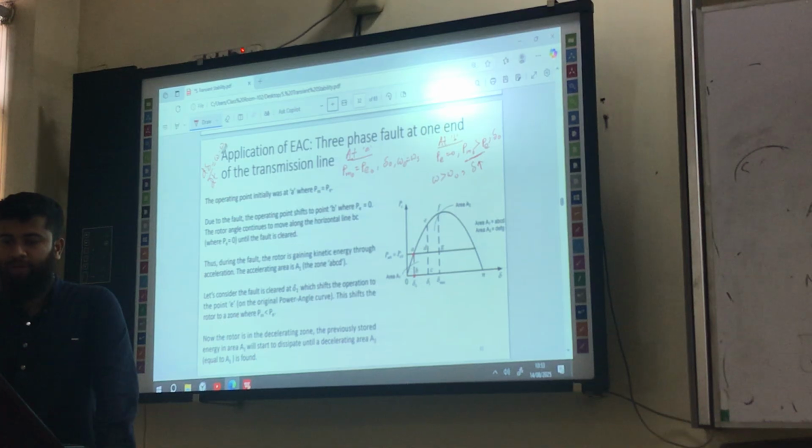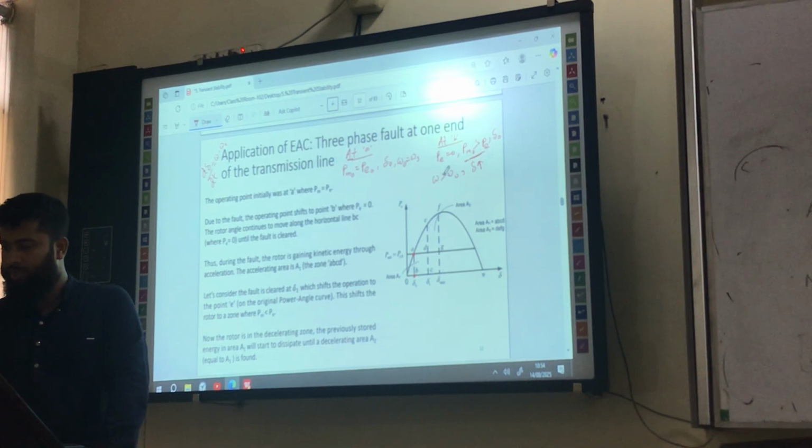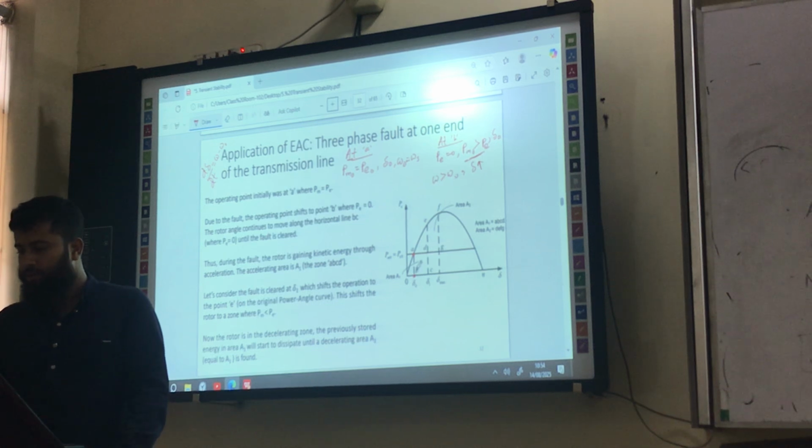So if this difference is positive, delta will increase over time, and if this difference is negative, delta will decrease. That is the concept, right? Now omega, the rotor speed, is increasing from the omega naught value, which means our delta will also increase.